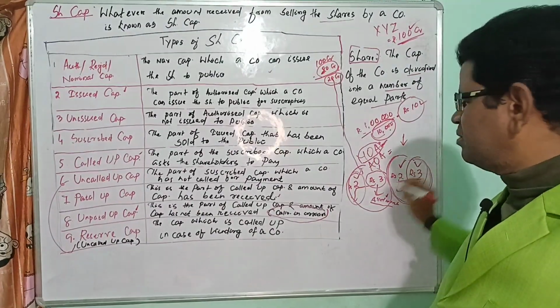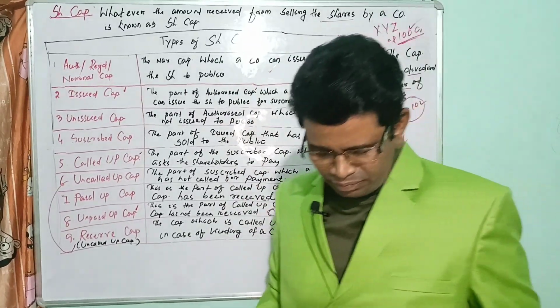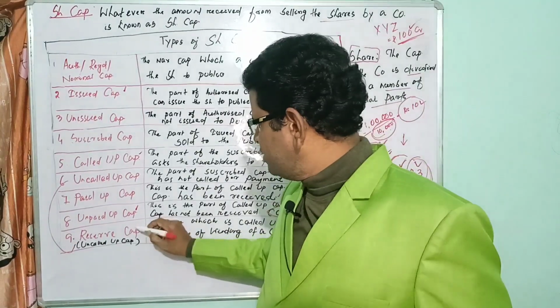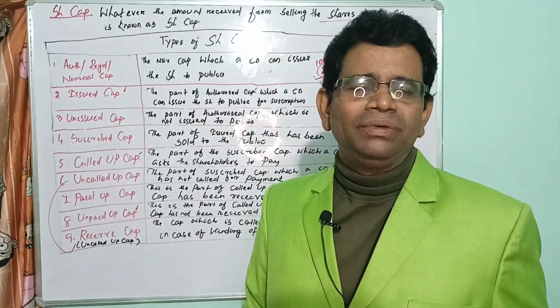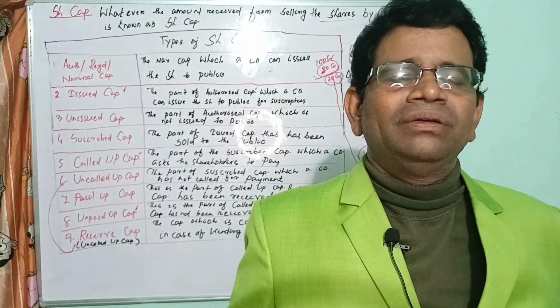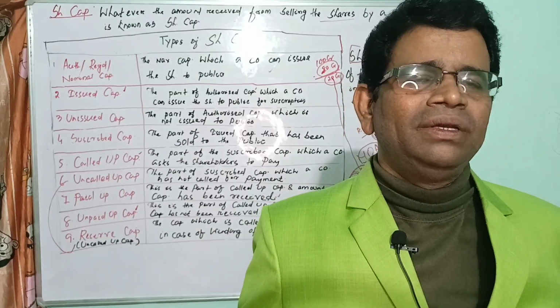This call will be made by the company to make payment to the creditors. So at the time of liquidation of the company, the reserve capital will be called. I hope you are conceptually clear.